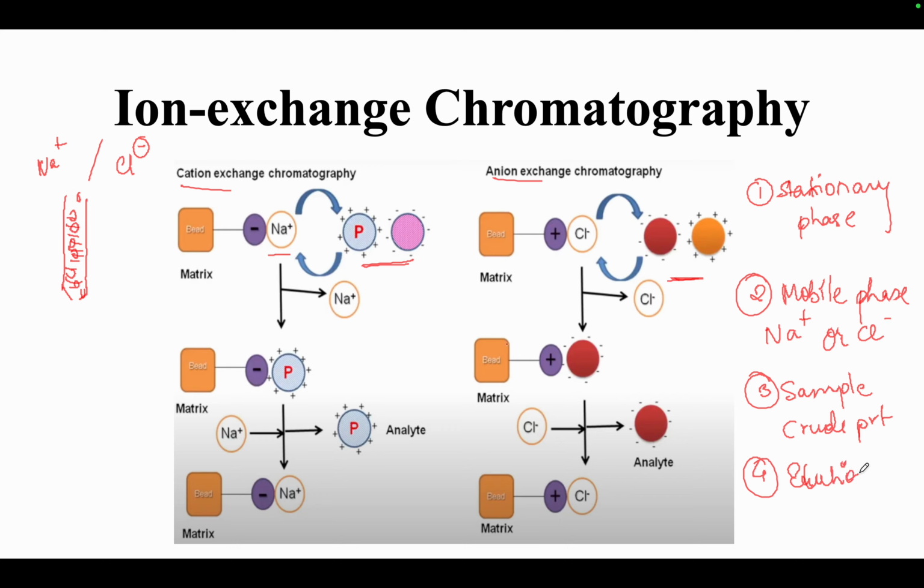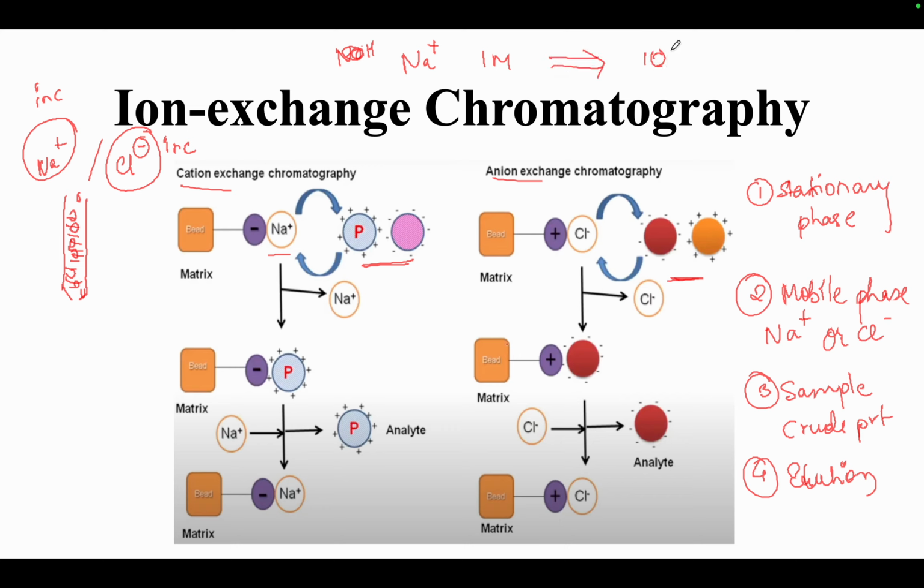So in elution, what we'll do is add the same buffer, but we'll increase the concentration of these ions, we'll increase the concentration of the buffer. So if we are using this Na+ buffer, any Na+ buffer at 1 molar, we can just increase the concentration to 10 molar.